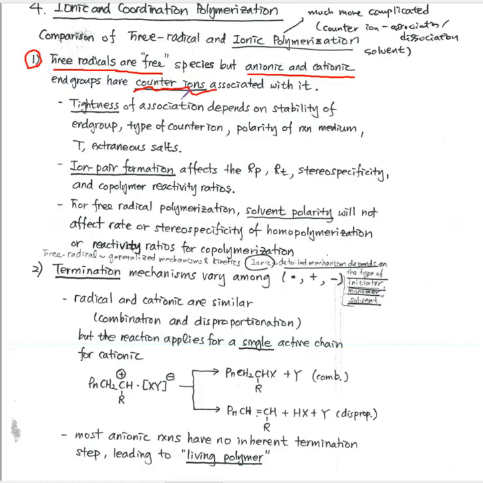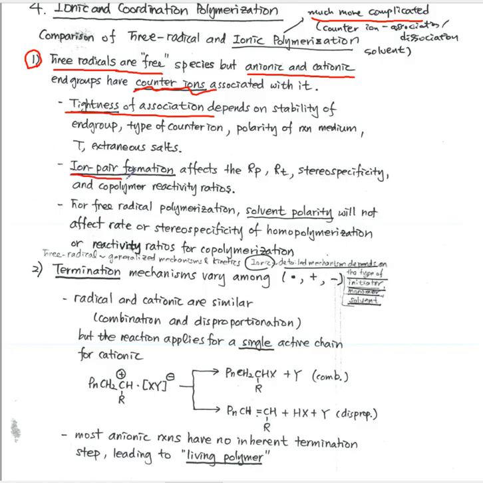That makes ionic polymerization much more complicated because of these interactions between counter ions, and especially this association between counter ions depends on many different factors: stability of the end group, types of counter ion, and polarity of the reaction medium, temperature, etc. All these variables affect the behavior of ionic polymerization and tend to make things much more complicated.